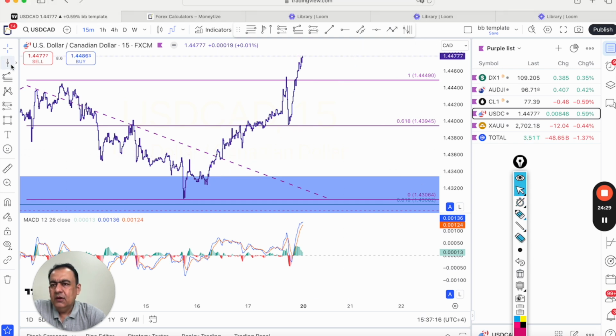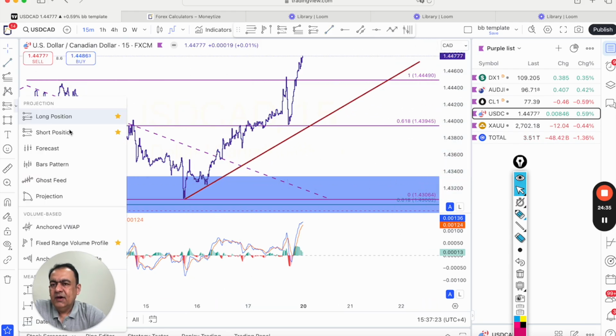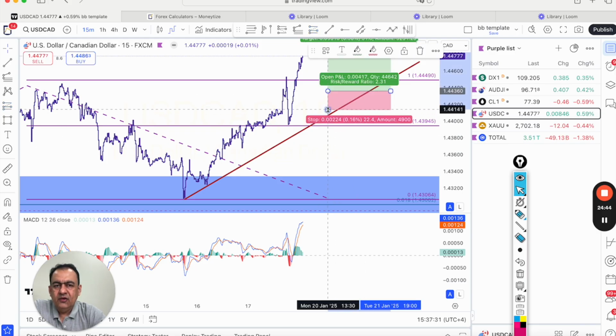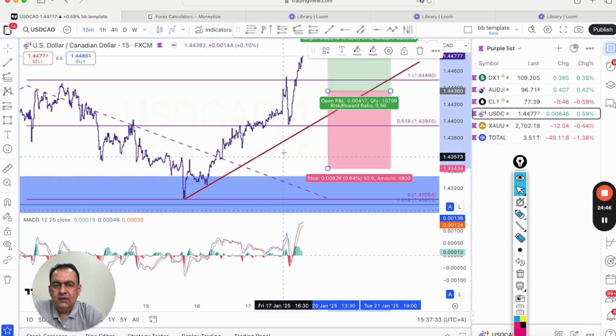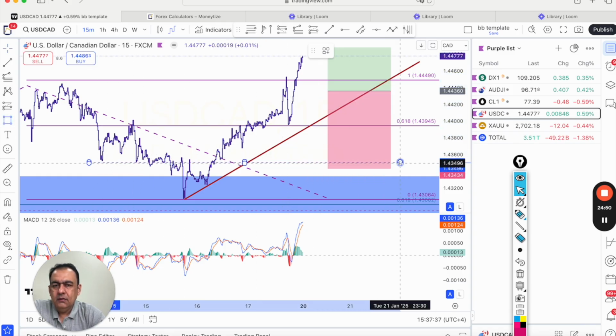So based on the rising trend line applied on 15 minutes, I would expect my entry around 44.50 or 44.60. I can use my stop loss below this rising trend line and the major area of support here.